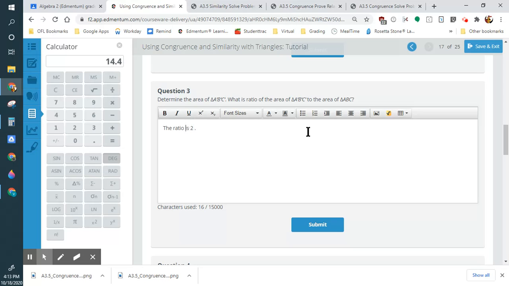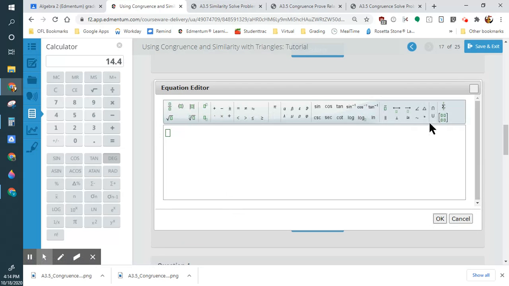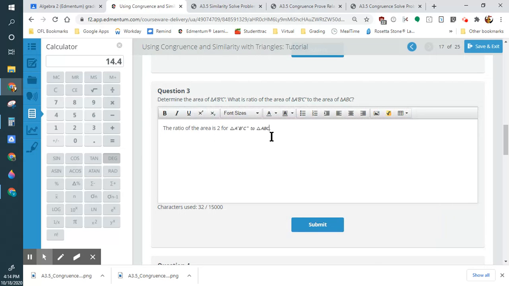The ratio of the area is 2 for, unfortunately, we do have to use the equation editor for this. We have 2 triangles. One of them is A prime, so you can just use an apostrophe here, A prime, B prime, C prime, to A, B, C. There we go.